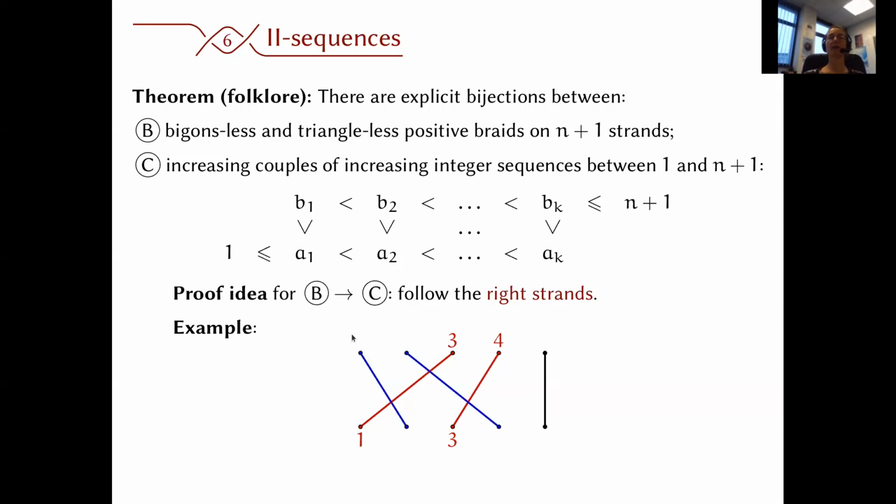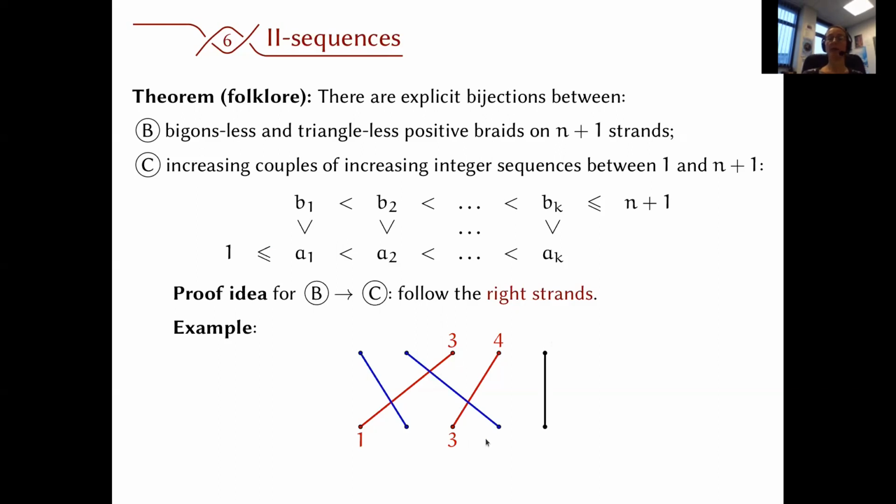You should show that whenever you have a web, so a braid without bigons or triangles, you can isotope it to have something where all the strands will go either to the right, like the red ones here, or to the left, like the blue ones here, or strictly upwards, like the black one here. So this is a little topological lemma you need to show.